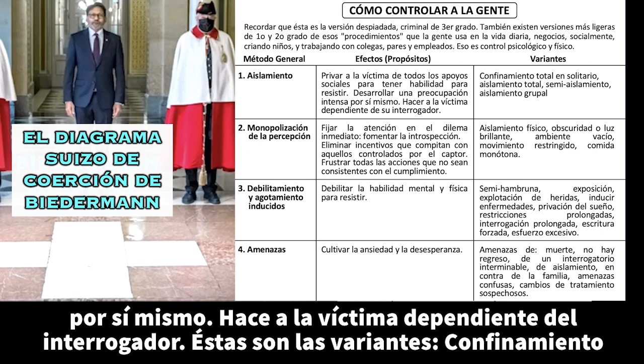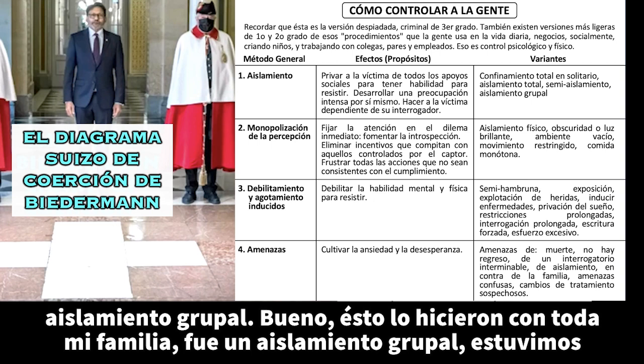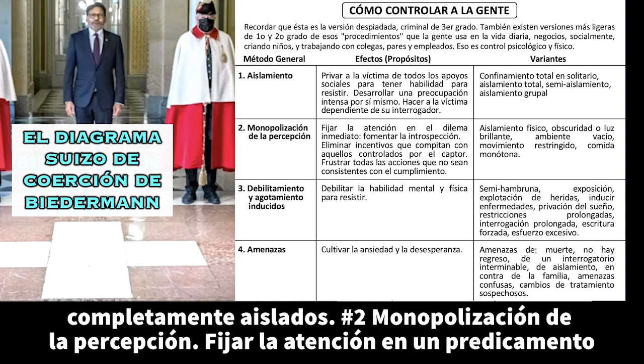So here are the variants. Complete solitary confinement, well, that's what they did with me. Complete isolation, semi-isolation, and group isolation. Well, they did this with my entire family. It was a group isolation. We got completely isolated, you know. Number 2, monopolization of perception.